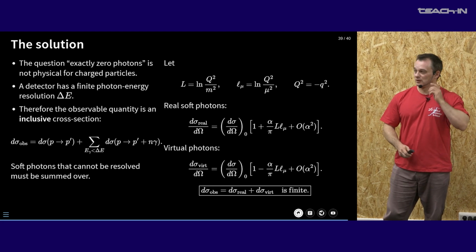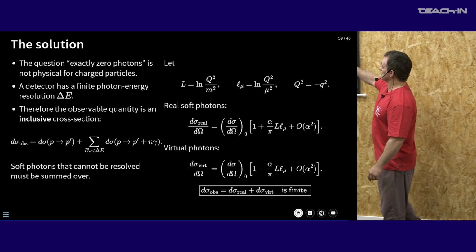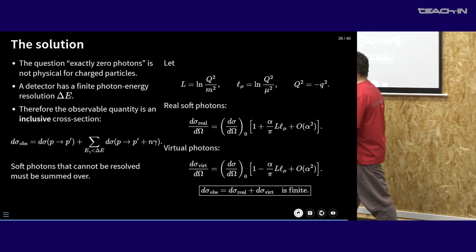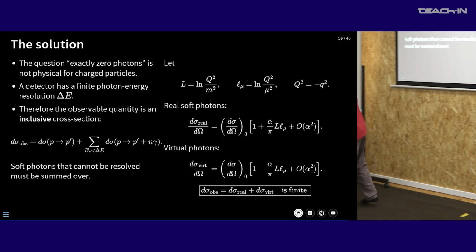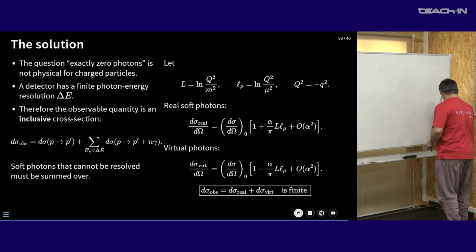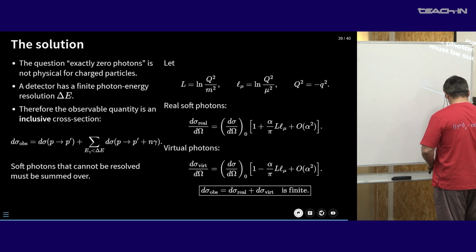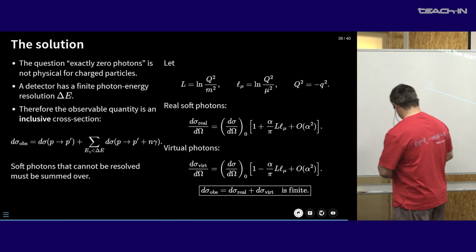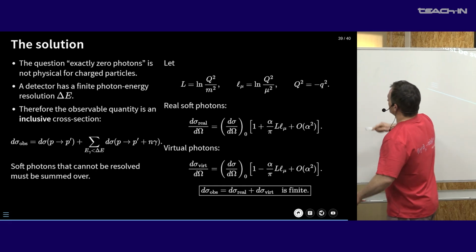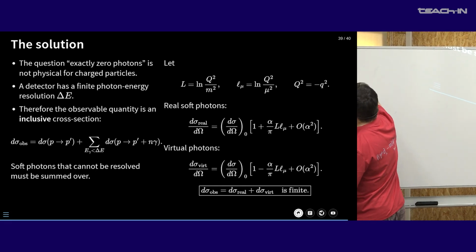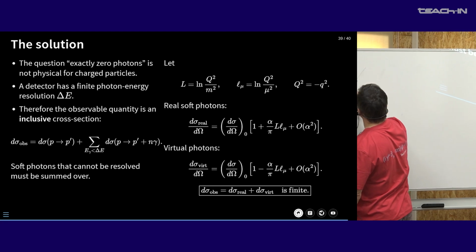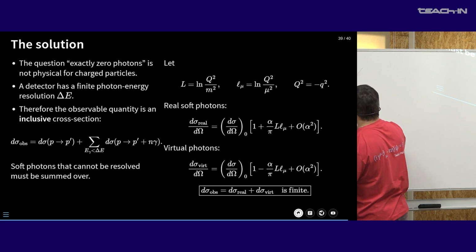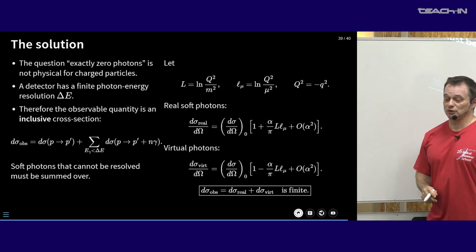Yes. So the first one, maybe you take the chalk. So this is the tree diagram with gamma, which makes the cross-section divergent.